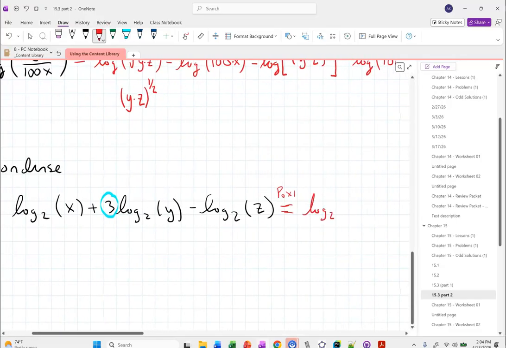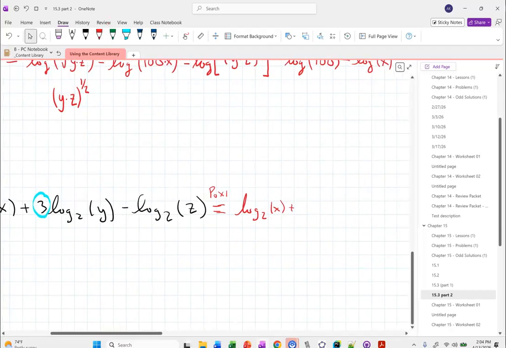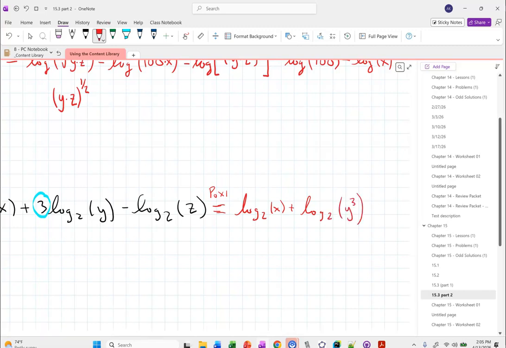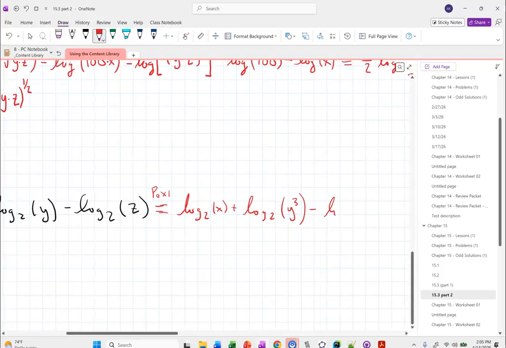So the other two logarithms are going to stay the same. But that one with the power property, I'm going to smush that exponent, or make that coefficient an exponent inside the logarithm.